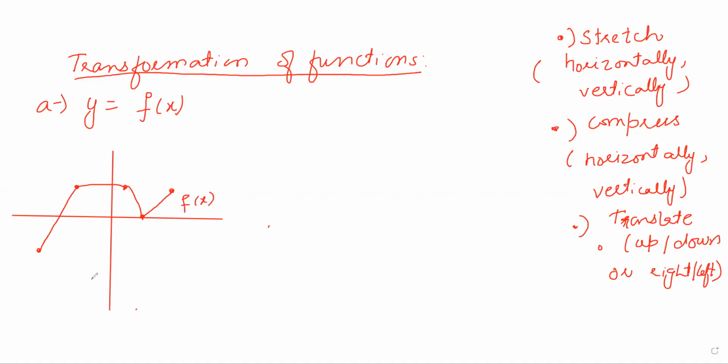Now we need to make a new function, and I'm going to use another color, black. I am going to make another function that is f of x plus 4. So if I have a function f of x and I am going to add plus 4 to it, how will the function transform? We are learning transformation of the function. So how is this function going to transform?